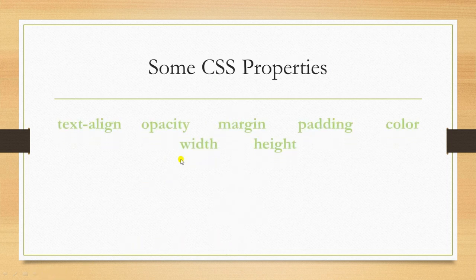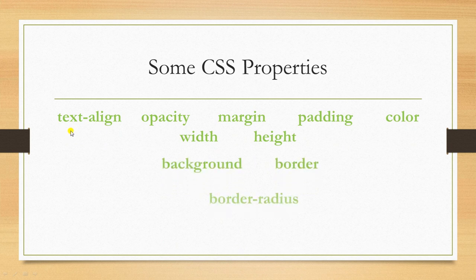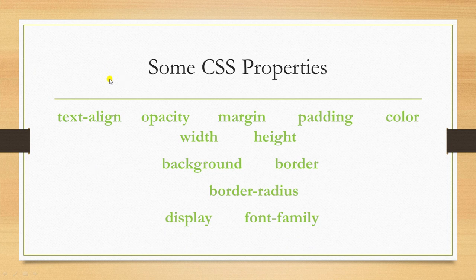Now these are some CSS properties. This is text align, which is used to align the text. We have the opacity, margin, padding, color, width, height, background, border radius, display, and font family. Font family is used to change the font. Then we have the margin, the amount of space between the text and the edge of the page. Color, which I already showed you, width, height, background.